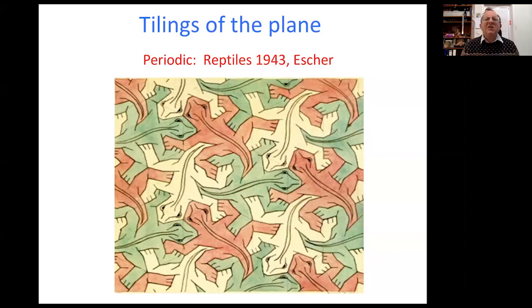And again, you can immediately see here art and math slamming into each other to produce this beautiful picture. Just as there are 17 wallpaper patterns, so there are 17 essentially different periodic tilings of the plane.